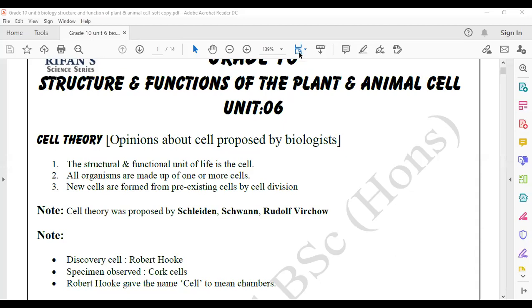In the same way, all the structures in your body are made of cells. It can be the brain, the eye, the liver, the kidney. Anything in the body is made of cells.